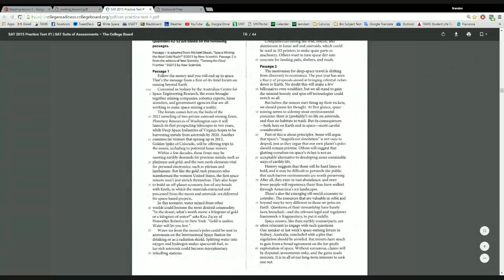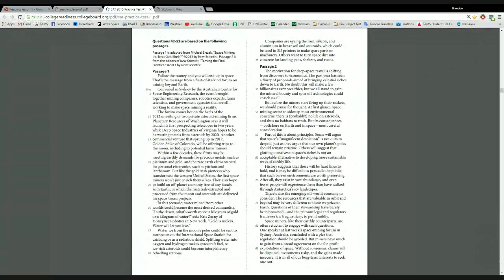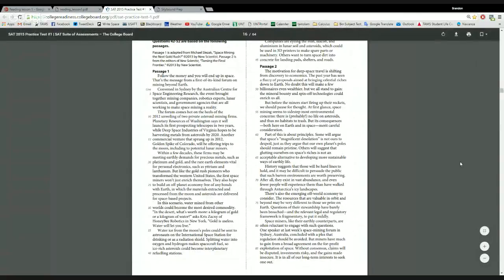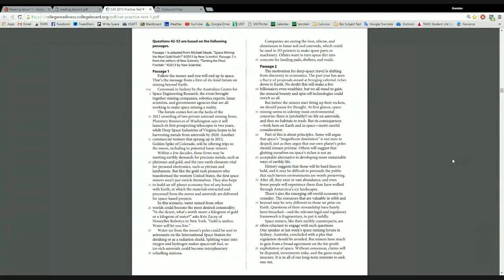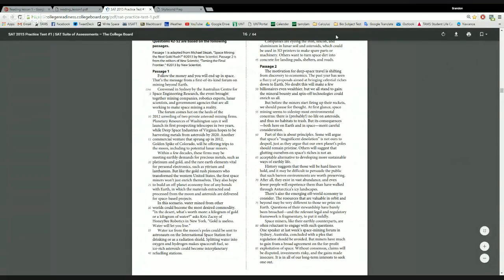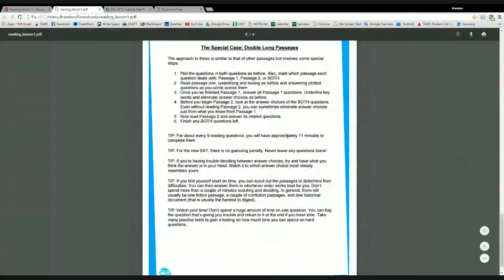Alright, here we have a practice test. As you can see here, we have a double passage. You can tell because it says passage 1, passage 2. The first approach is to plot the questions, and also indicate which passage each question deals with.